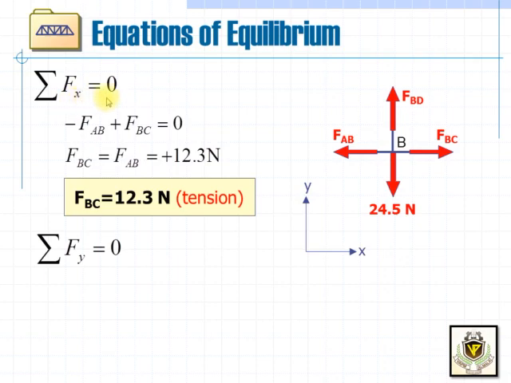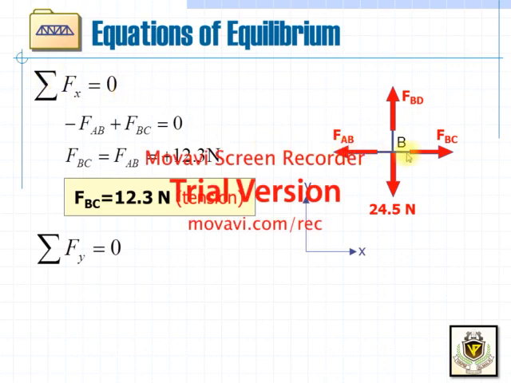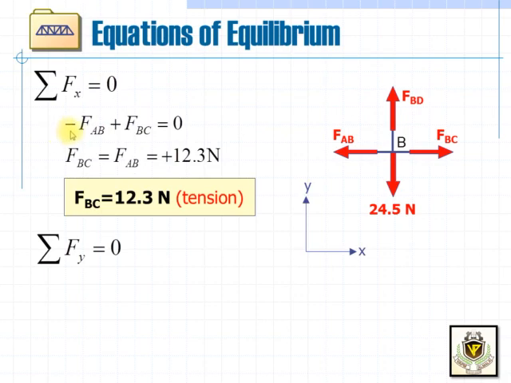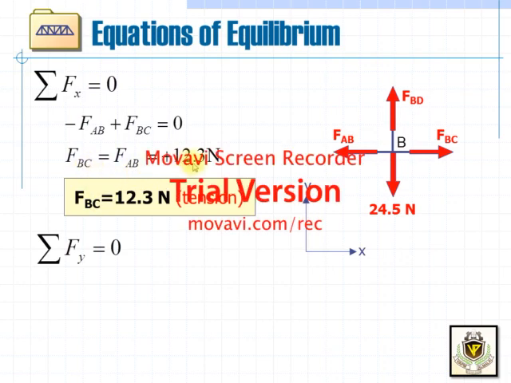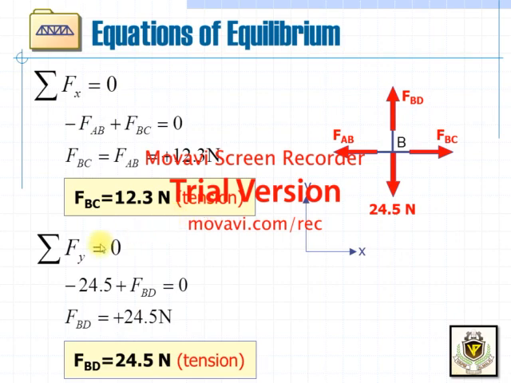Summation Fx is equal to 0. While applying this equilibrium condition, the horizontal forces are two, FAB and FBC, in which FAB going in the left direction is taken as negative. Minus FAB plus FBC is equal to 0, while FAB is already calculated, which is 12.3. Therefore, FBC is equal to 12.3 Newton, which is tension.